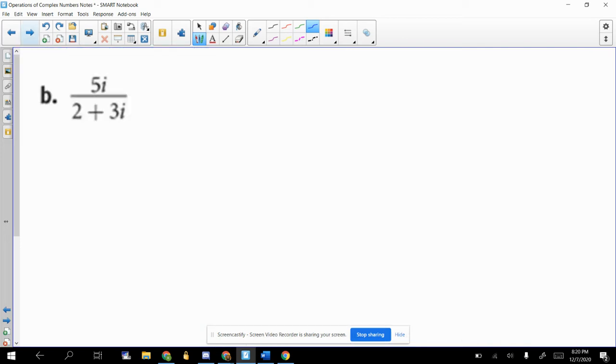Okay, so for part B, we have 5i over 2 plus 3i. So again, remember, your first step is to find the complex conjugate of 2 plus 3i, the denominator. So the complex conjugate of 2 plus 3i is 2 minus 3i. And so we're going to multiply by this on the top and the bottom.